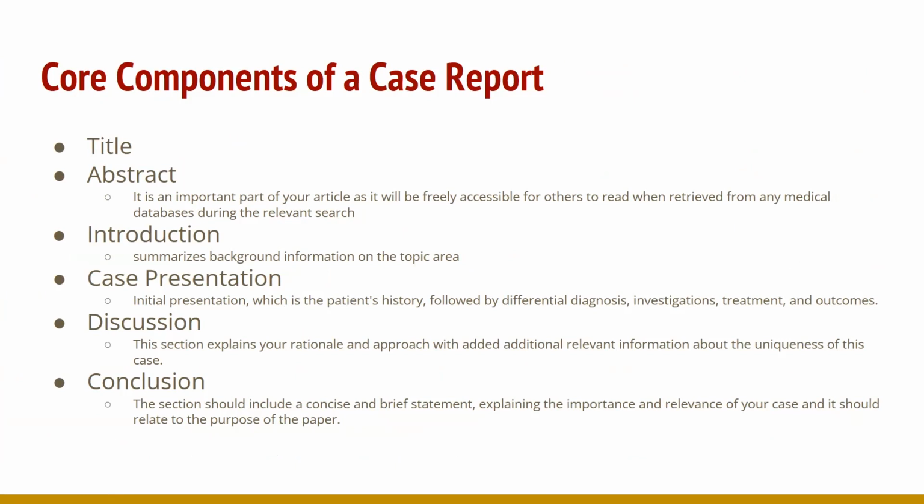The introduction summarizes the background information on the topic area. The case presentation includes the patient history, followed by the differential diagnosis, intervention, treatments, and outcomes. Next, the discussion explains the rationale and approach regarding your case report and the uniqueness of the case. And the conclusion should be a concise statement explaining the importance or relevance of the case and the purpose of the paper.